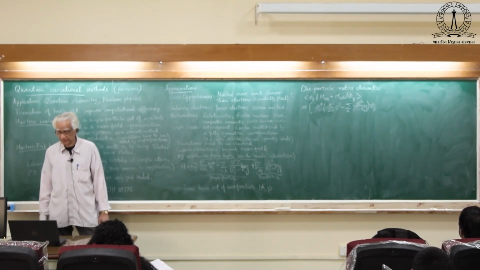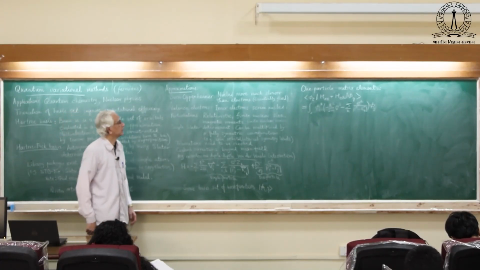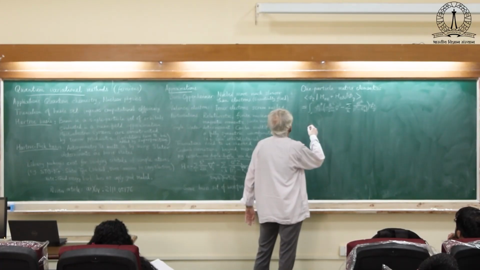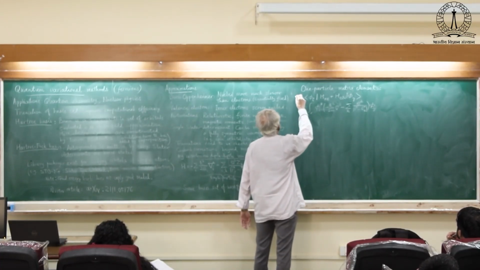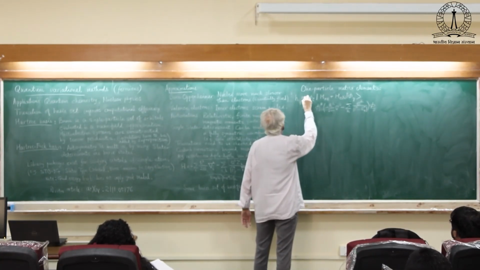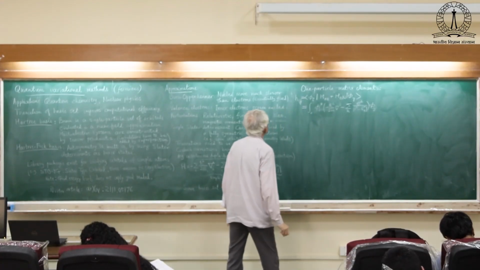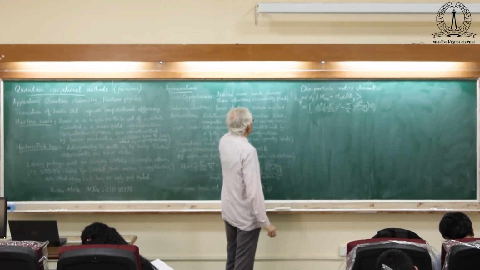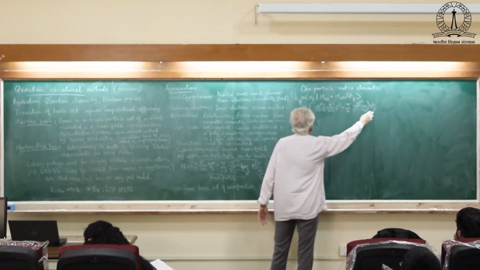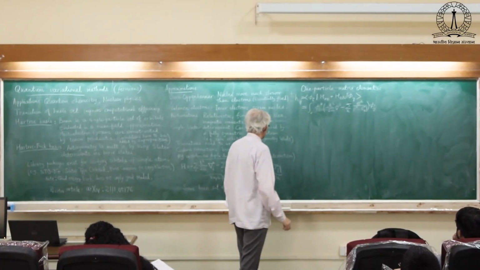Okay, I have to give it a label, so let me call this thing H i j. And it depends on the one particle phi i star and another particle phi j.